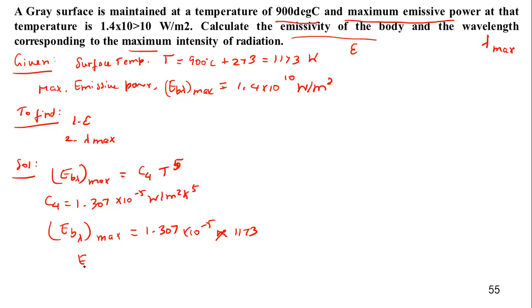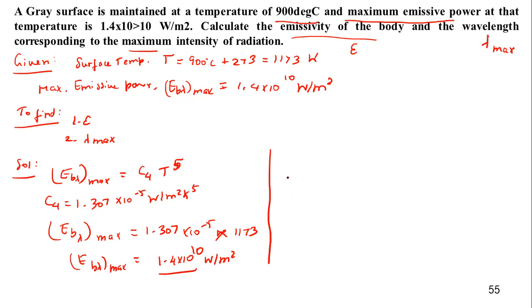Just to check whether the maximum value is correct or wrong, E_b lambda max is equal to 1.4 into 10 power 10 watt per meter square.